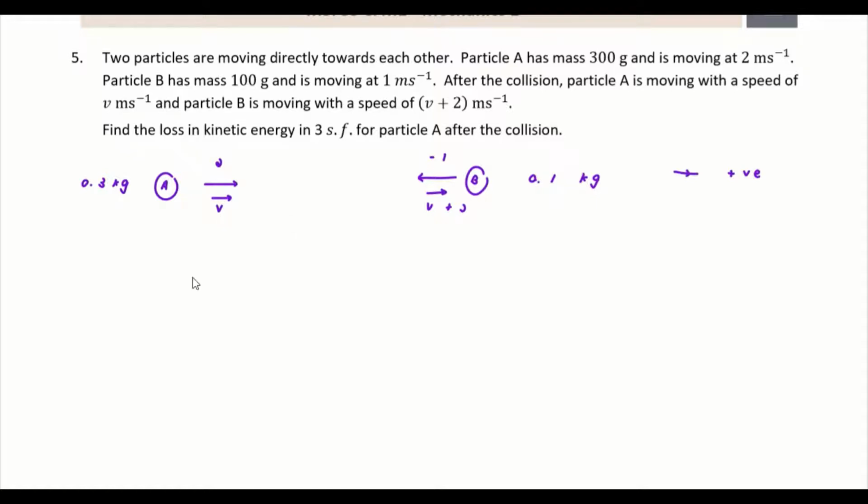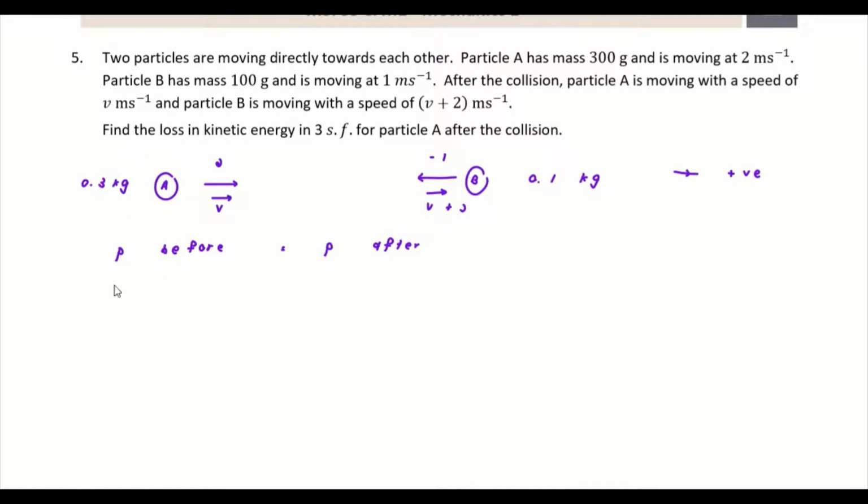Okay, so now let's try to solve by using the conservation of momentum. So the momentum before, the p before, should be equal to the p after. I hope you still remember momentum is equal to mv, right?